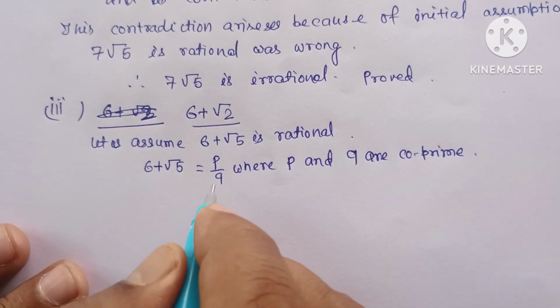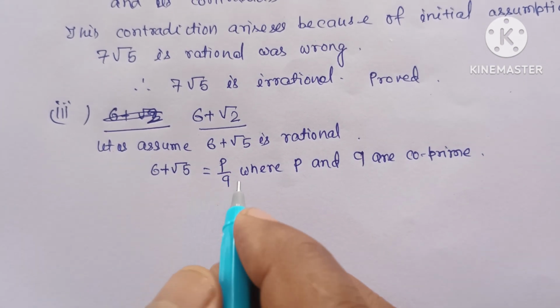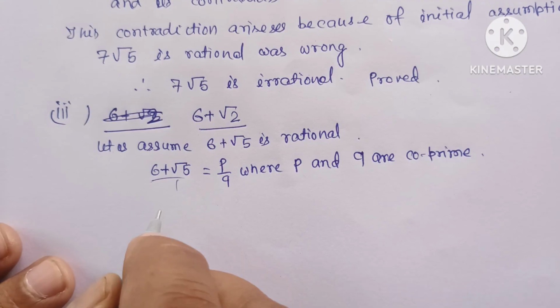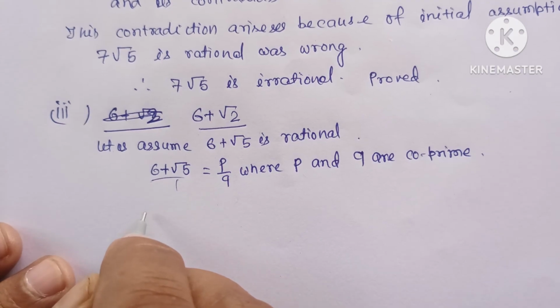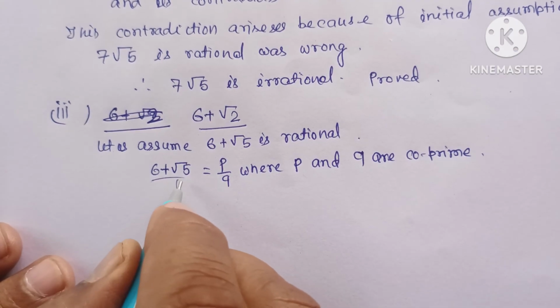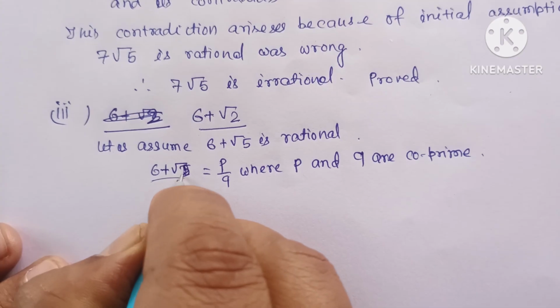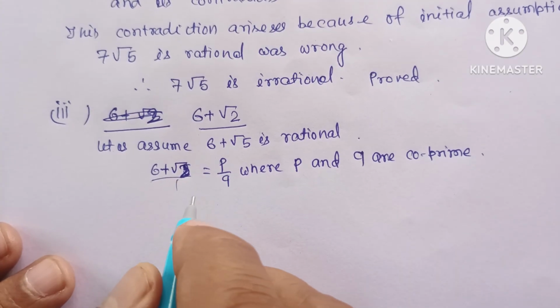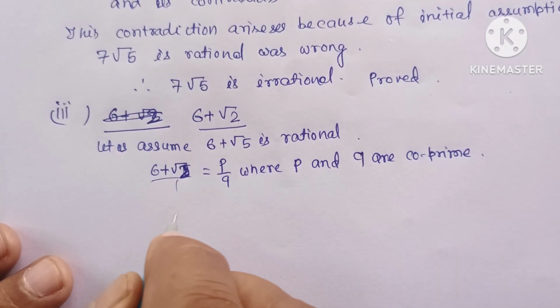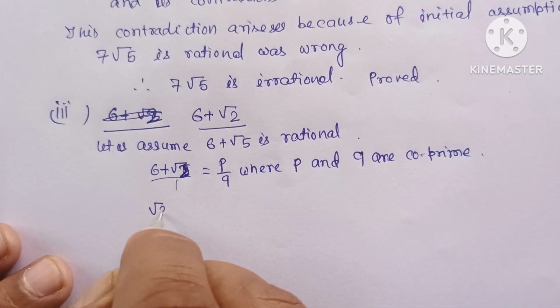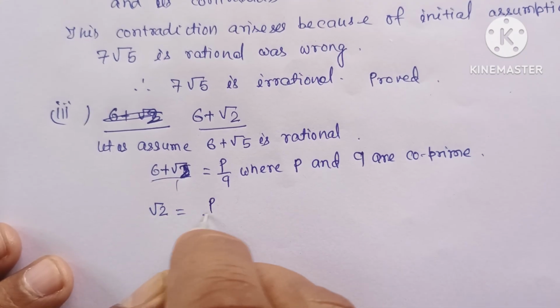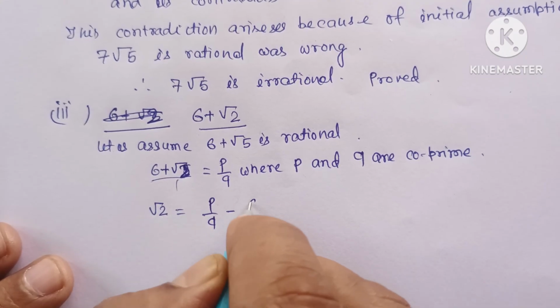Now you do cross multiplication. What you get here: p is equal to 6 plus root 2, times q. So root 2, you write like that, p by q, and this will come to this side.